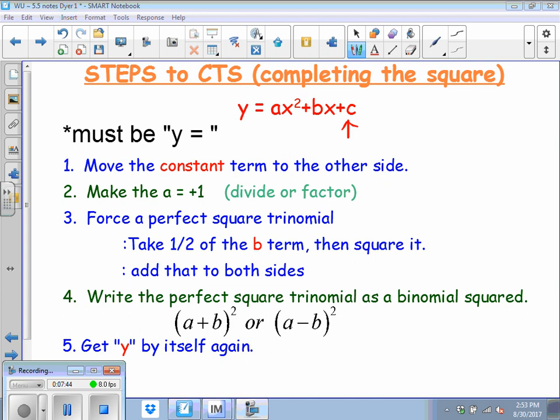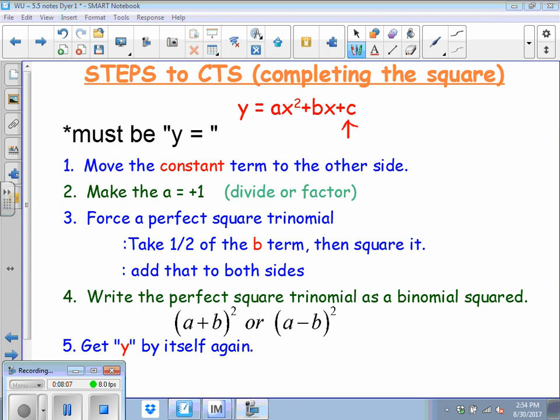Now, what we're going to do is you're going to take your constant, which is your term without a variable, and you're going to get rid of it. You're going to move it to the other side. You're going to put it over there with the y, because what we're going to try to do is create what's called a perfect square trinomial.